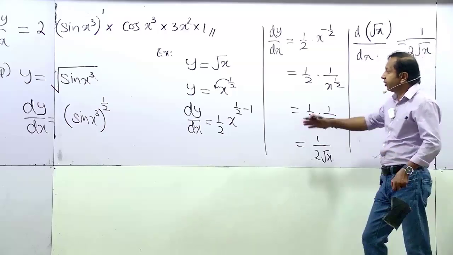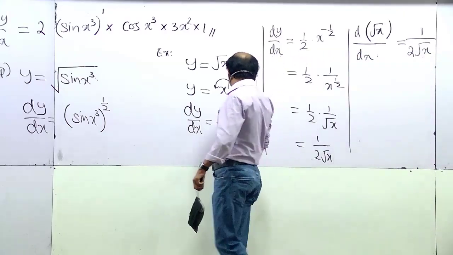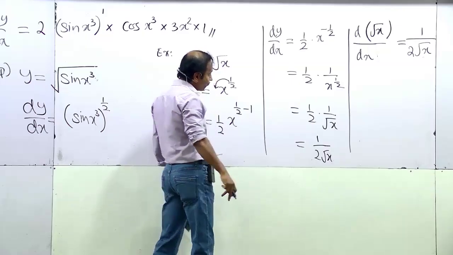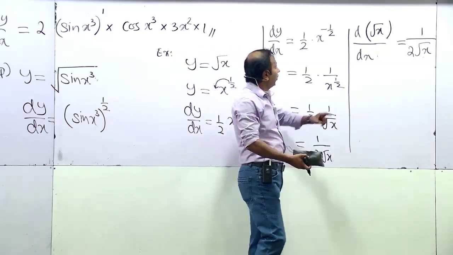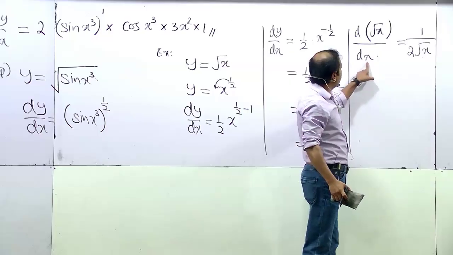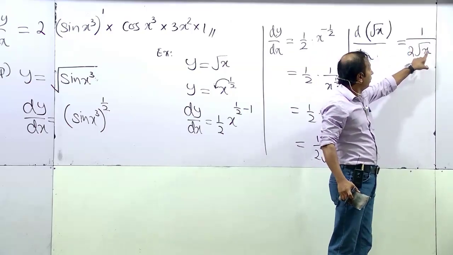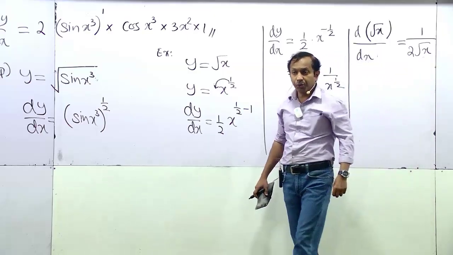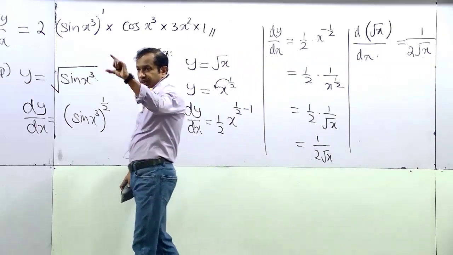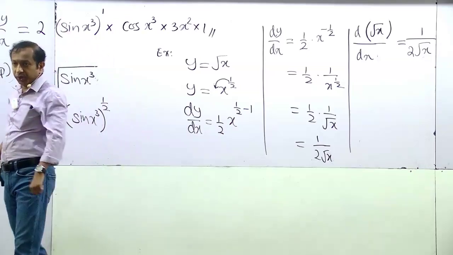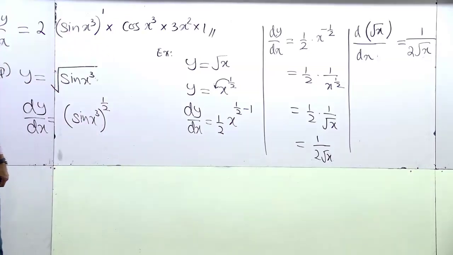First take down this. When you differentiate root x with respect to x, the answer is what? 1 divided by 2 times the same root x. 1 over 2 root x. Remember, when you differentiate root x, the answer is 1 over 2 root x.